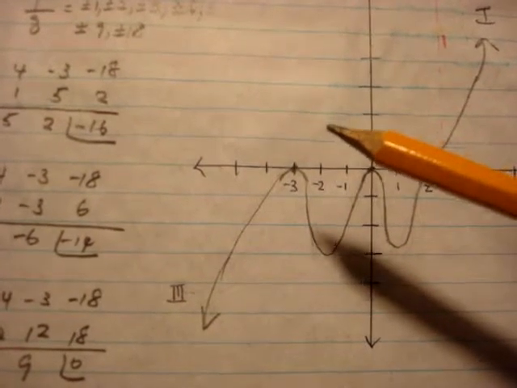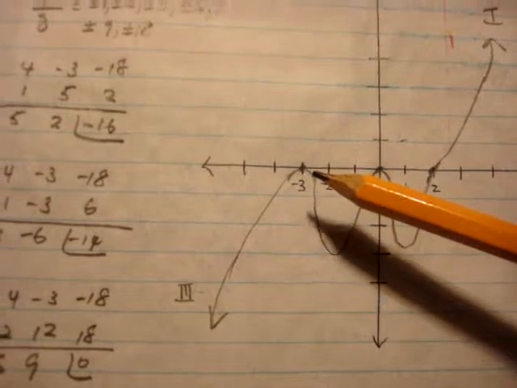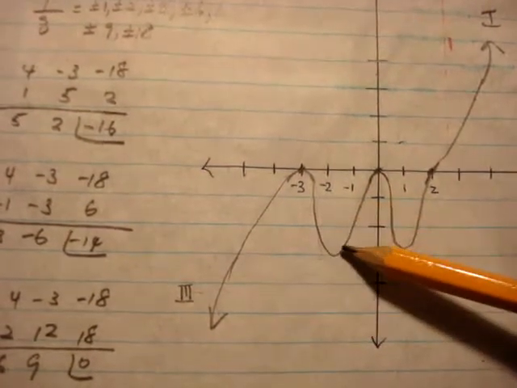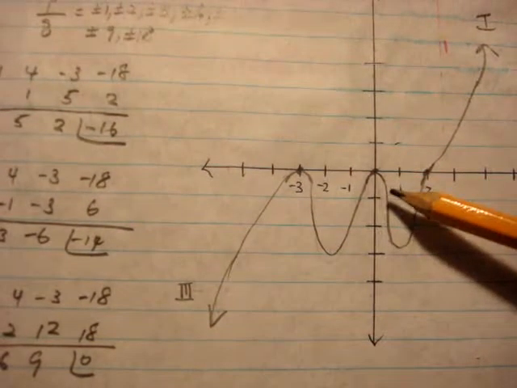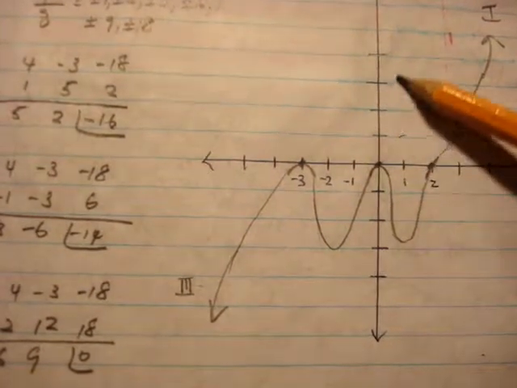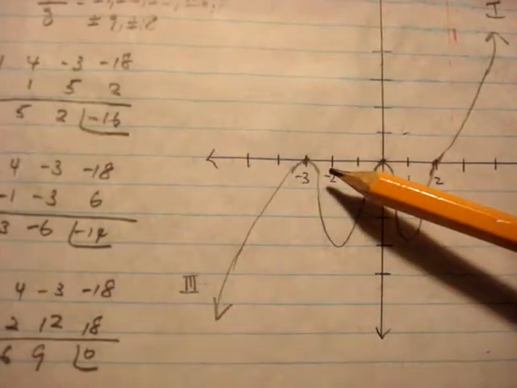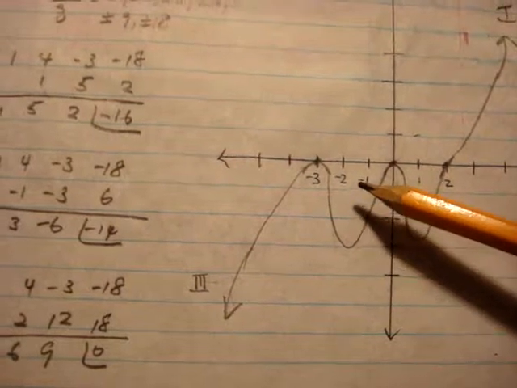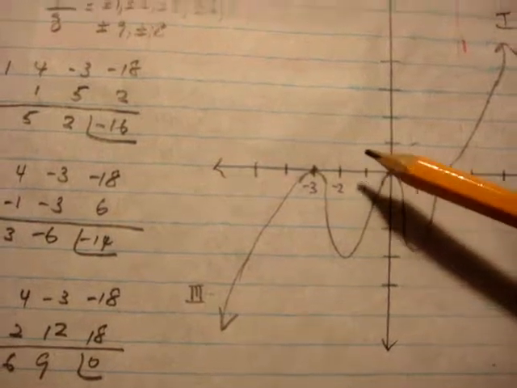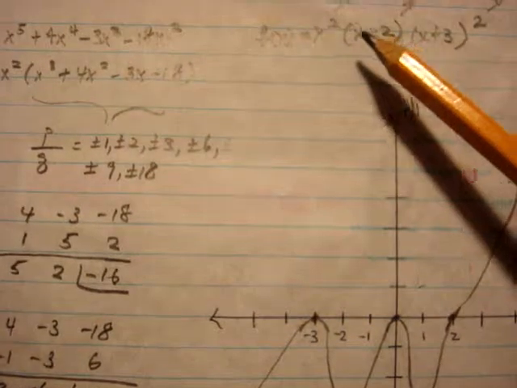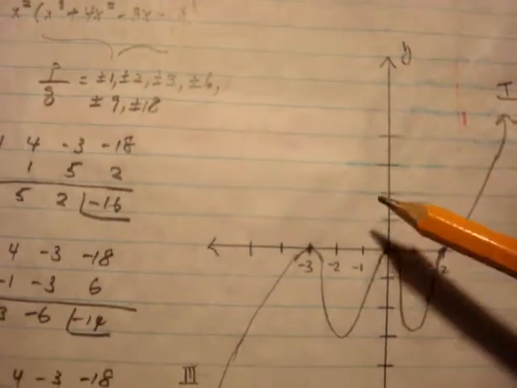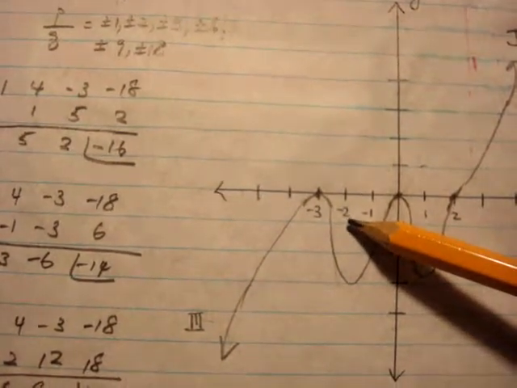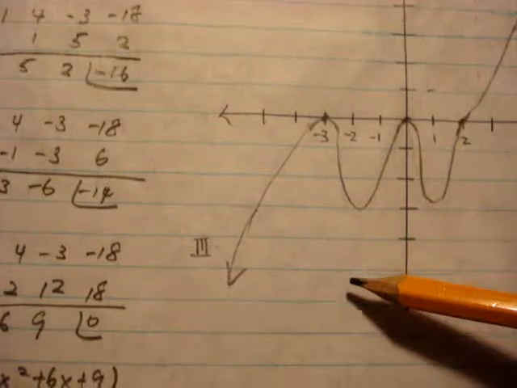If you are not sure whether the graph will be like this or like that, or whether right here it will be like this, if you're very confused, you could do a plug-in method. So you take the original polynomial function and plug in negative 2.5 and solve for it.